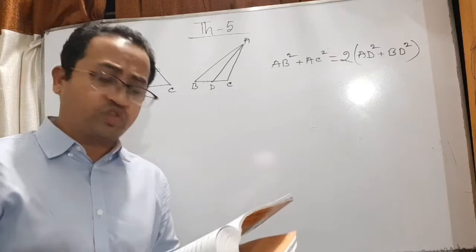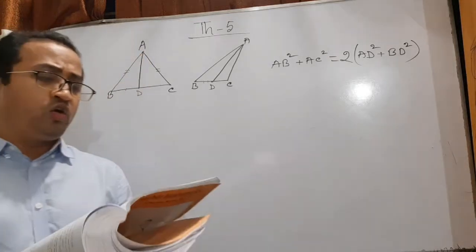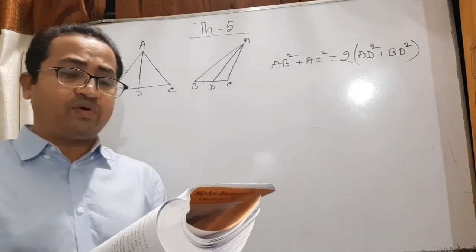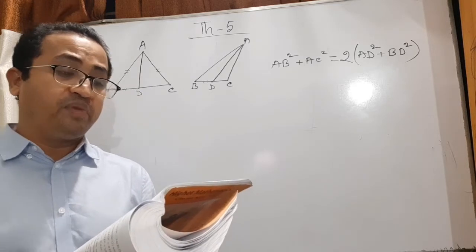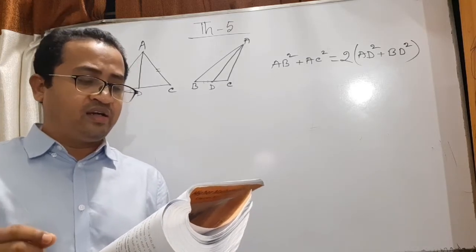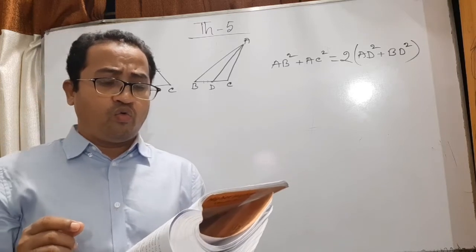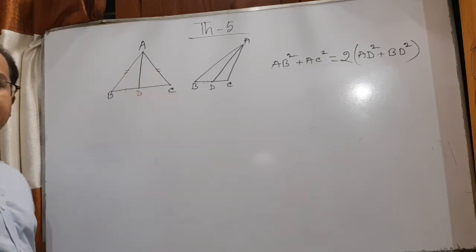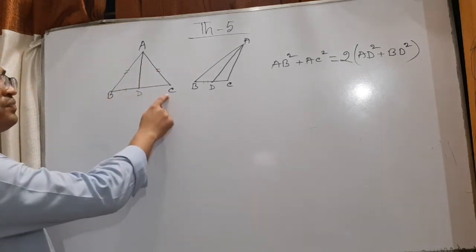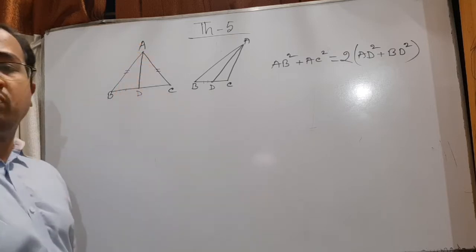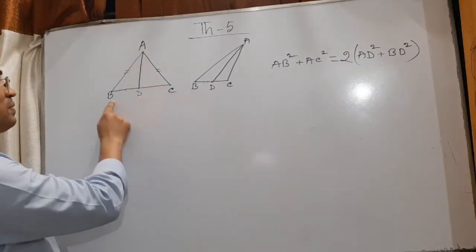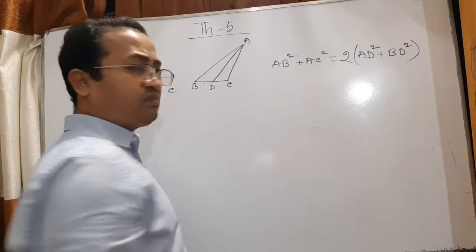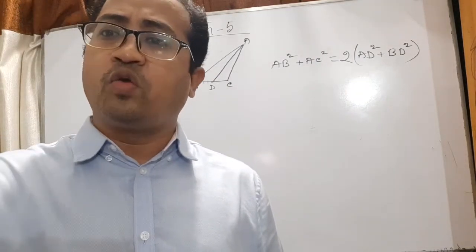So what is the question? The sum of the area of the squares drawn on any two sides of a triangle is equal to twice the sum of the area of the square drawn on the median of the third side and on the other half of that side. If I take AB and AC as any two sides, the third side is BC and AD is the median to BC. So it will be AD square plus BD square, and it will be twice. So now come to the special nomination.